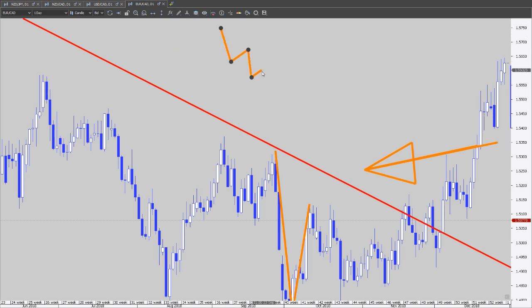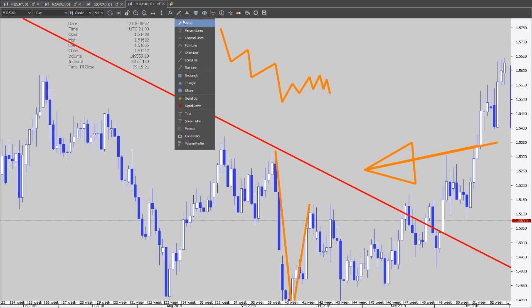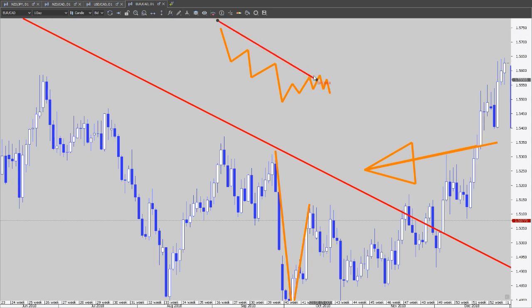Why is that? Well, sometimes in a downtrend, the market is going to pause, is going to do something like this, and is going to pause, right? It's going to do something like this. And as a beginner trader, you could very easily assume, oh, we are out of the downtrend, right?